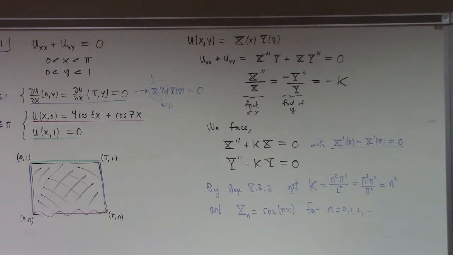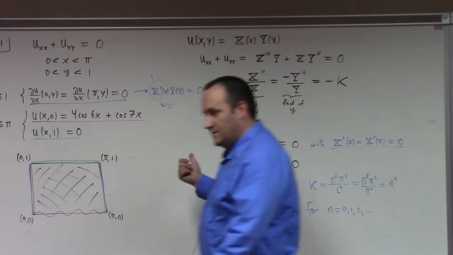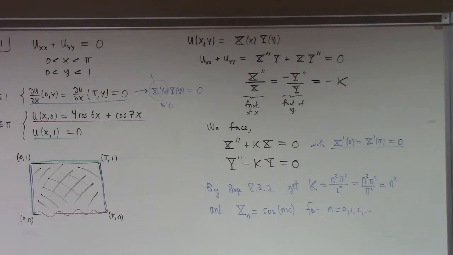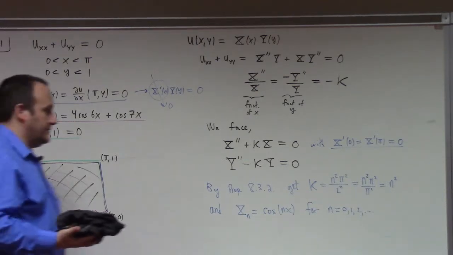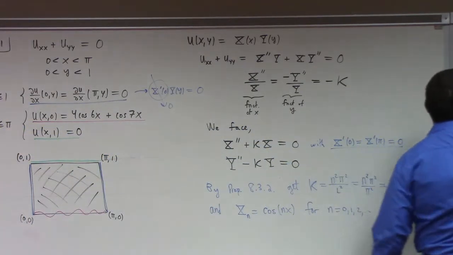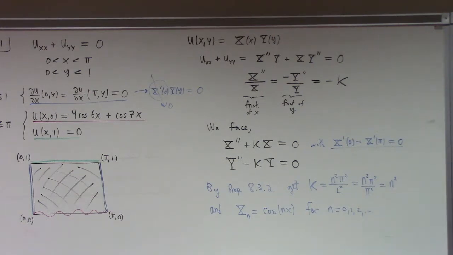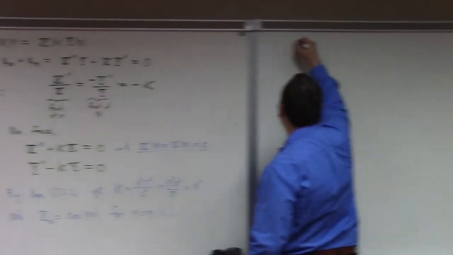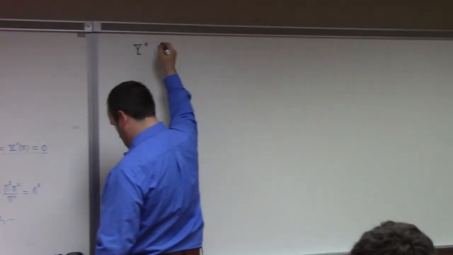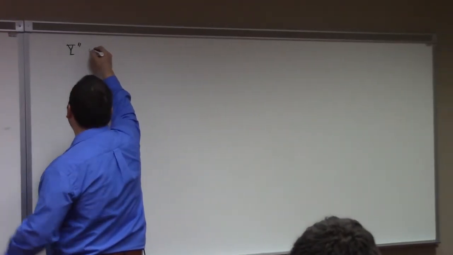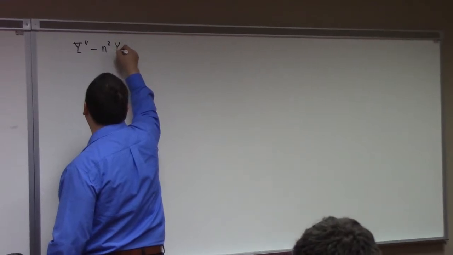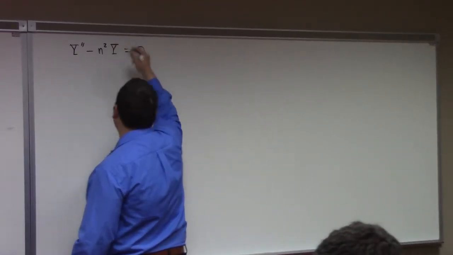Okay, now that we know that, we can go back and feed it to the y equation, right? What does that tell us about y? How do we solve for y now? Very early in the course, I say something like, cosh and sinh are really nice to know about for solving boundary value problems. I was talking about this moment. So we get y prime prime minus n squared y equal to 0.